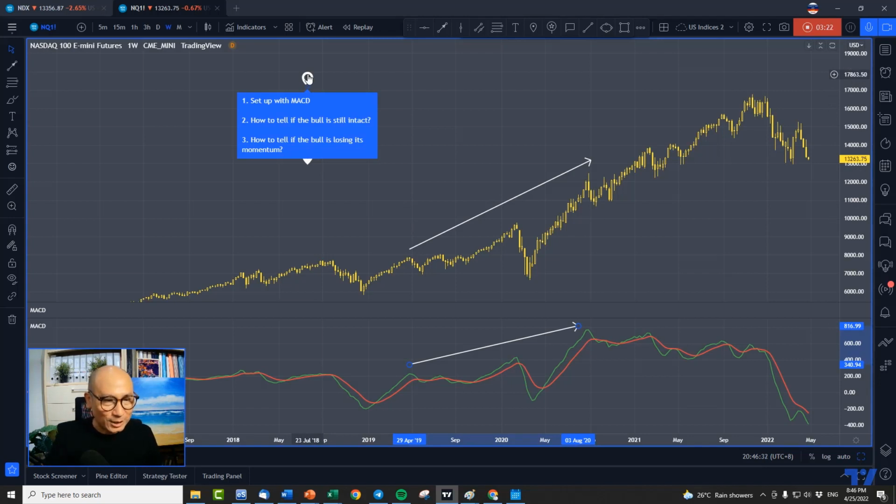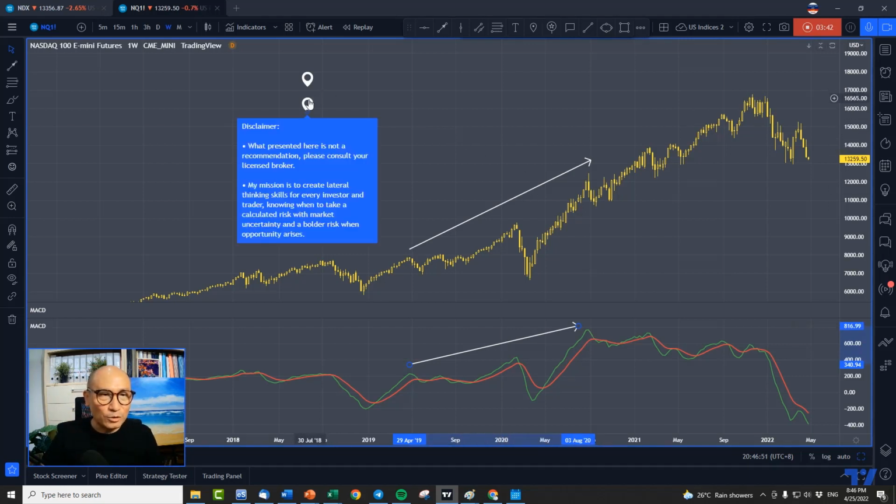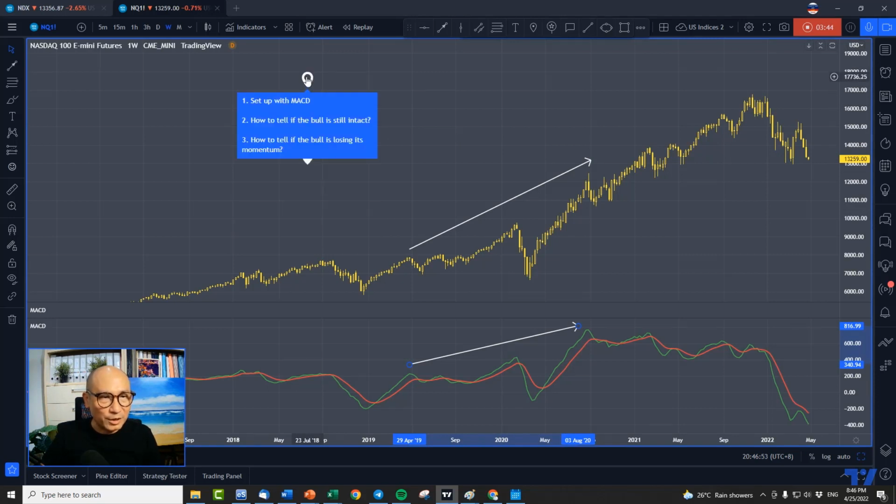That's part two of today's video: how to tell if the bull is still intact. You look at the prices, and you drop down and you look at the MACD as well. If it is in line, also tilting towards the north, towards the uptrend, that shows that the uptrend is still intact.